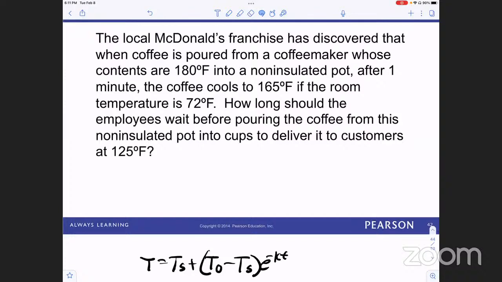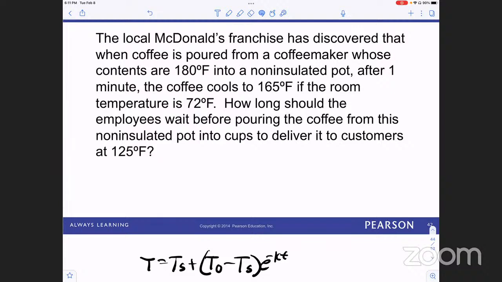For little t, when coffee is poured from a coffee maker whose contents are 180 degrees Fahrenheit into a non-insulated pot, after 1 minute, the coffee cools to this. So how long should they wait before pouring the coffee?